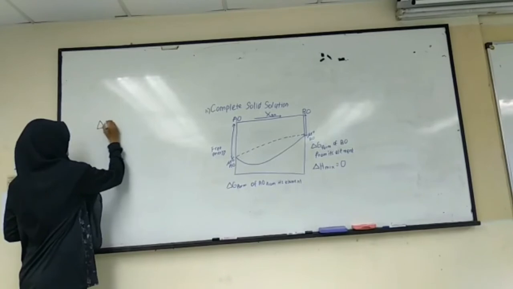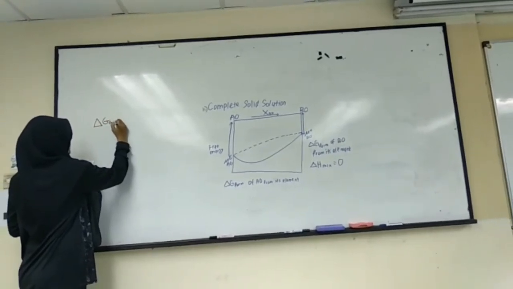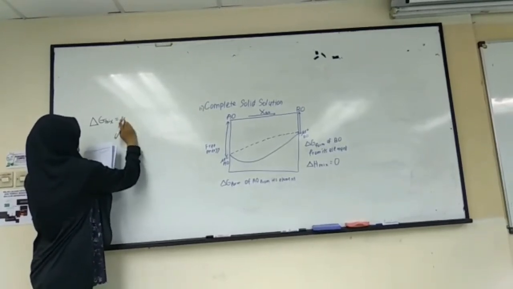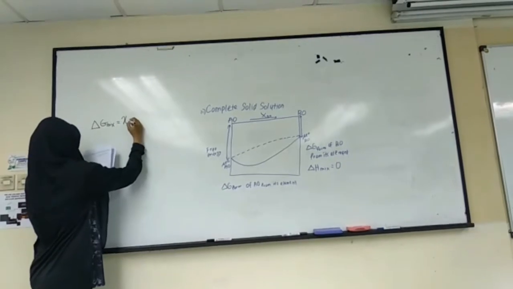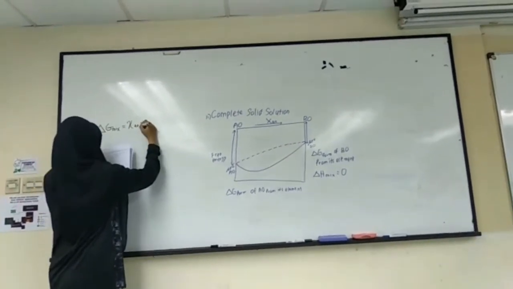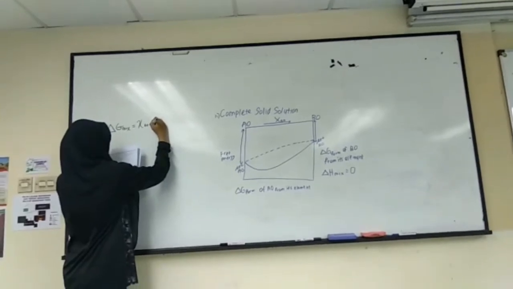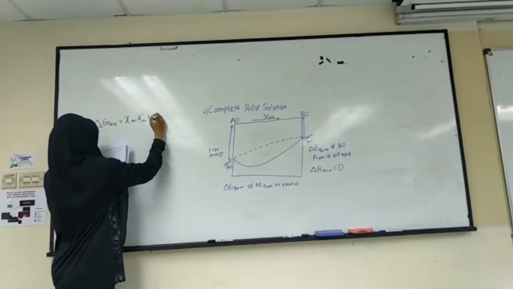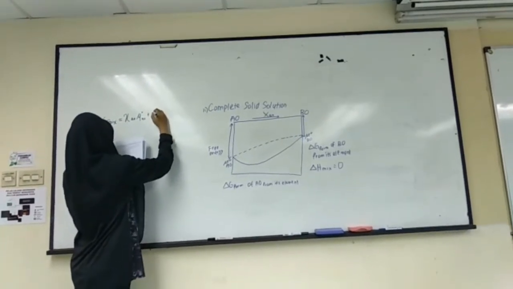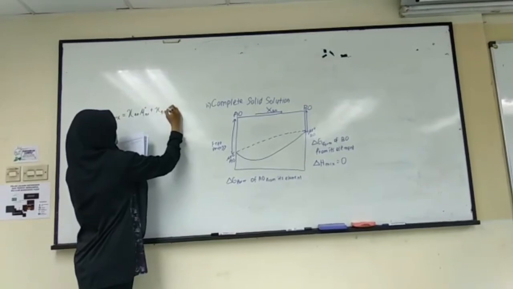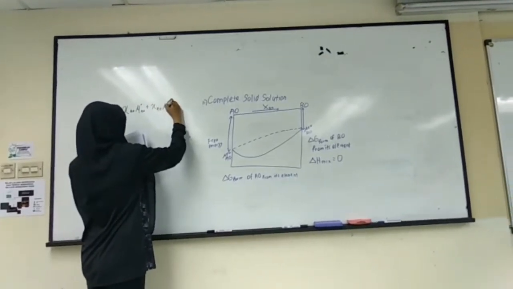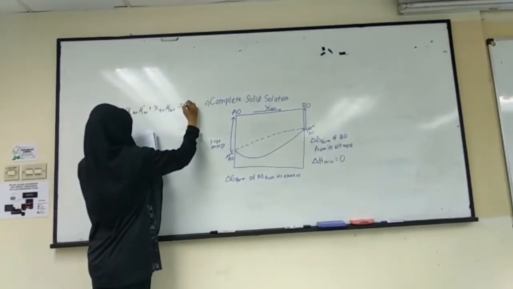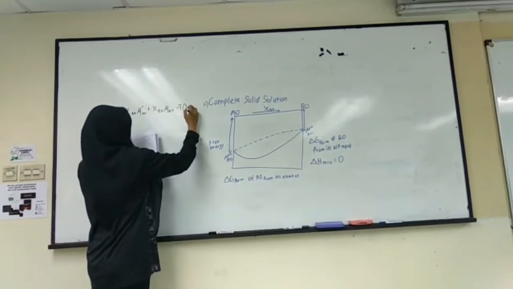Free energy of mixing is the mole fraction of AO multiplied by the molar free energy of AO plus mole fraction of BO multiplied by the molar free energy of formation of BO minus temperature multiplied by entropy of mixing.